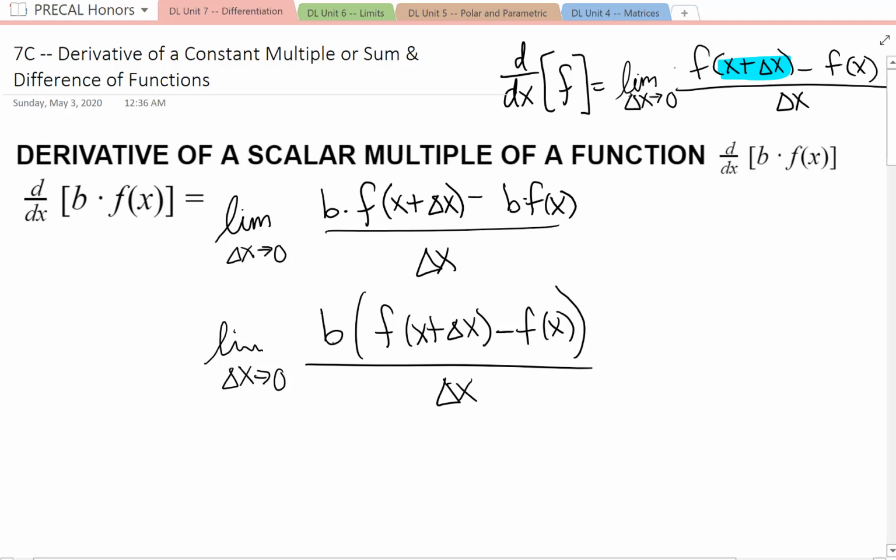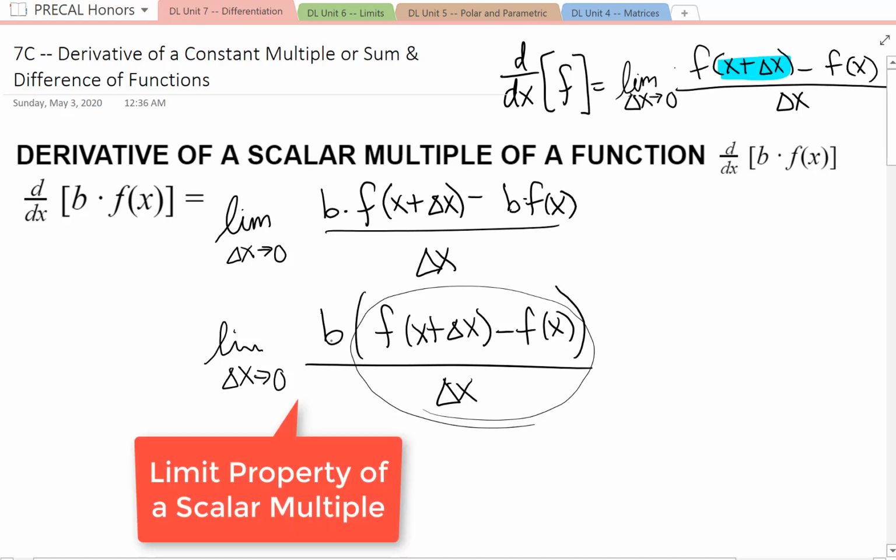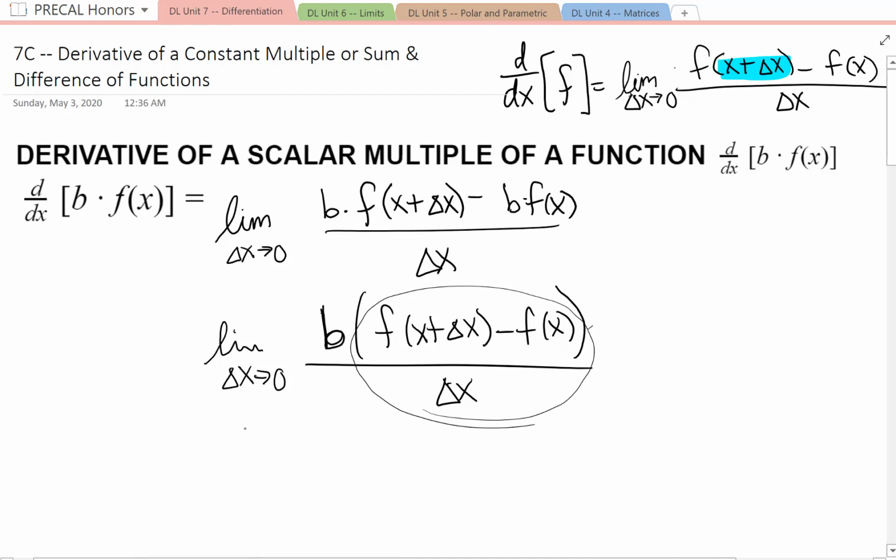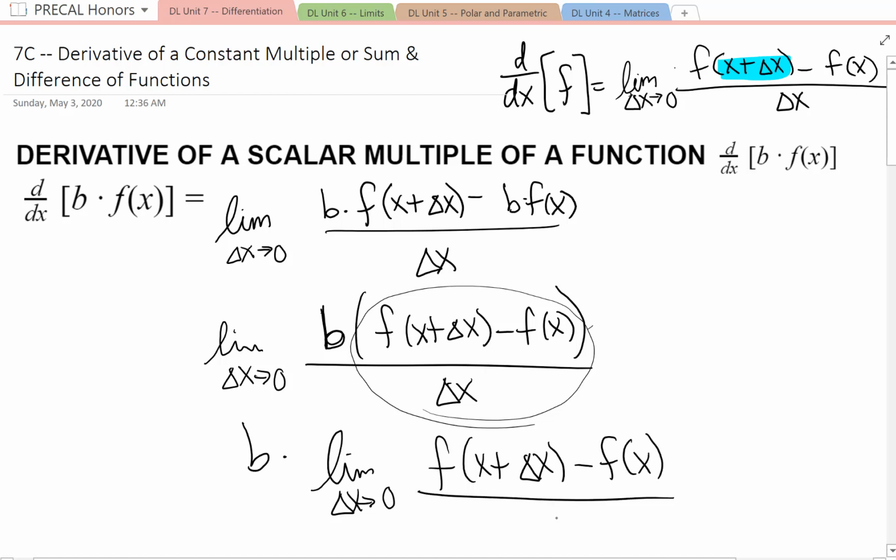Now b is being multiplied by this entire fraction, so I can take b out of the limit and multiply it by the limit of this entire fraction. So I'll write this as b times the limit as delta x approaches 0 of f of x plus delta x minus f of x, all over delta x.